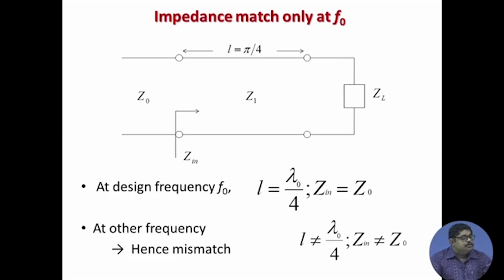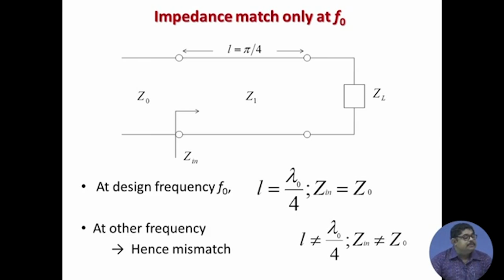That means if we are off the design frequency, we are not having a very good match. So, this L is lambda naught, the particular wavelength corresponding to the frequency for which we design. At other frequencies there will be mismatch.